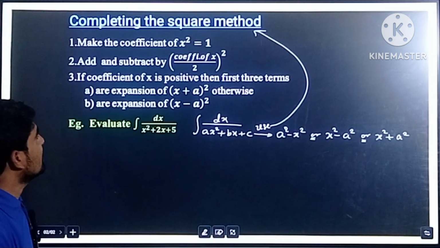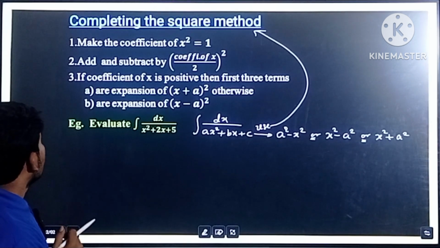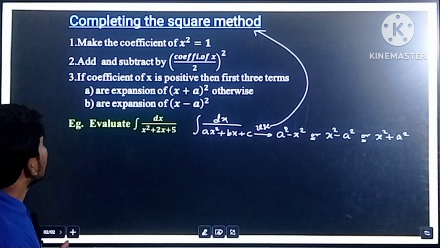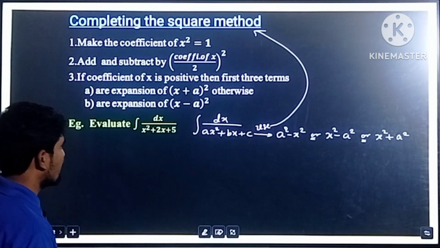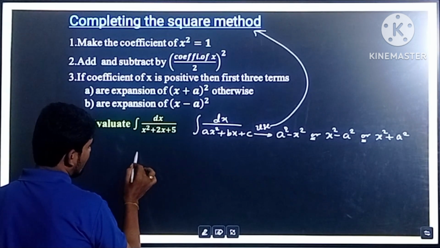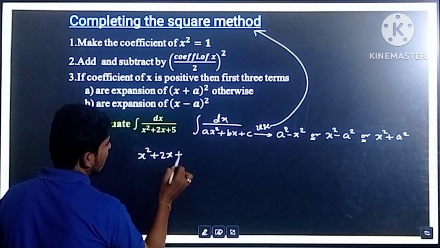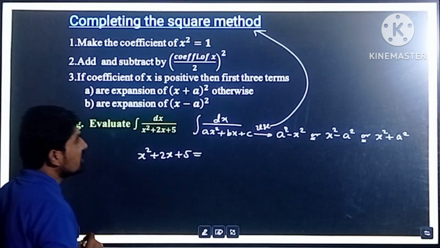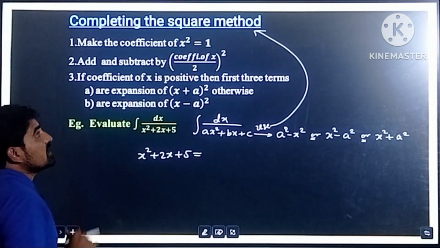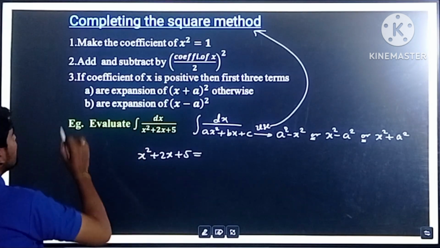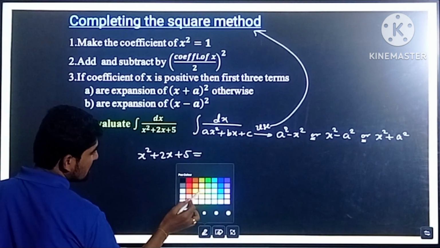I hope all of you understand. Let's see how we use this method. The quadratic expression here is x square plus 2x plus 5. When we use the completing the square method, the first thing is to observe the first note here.